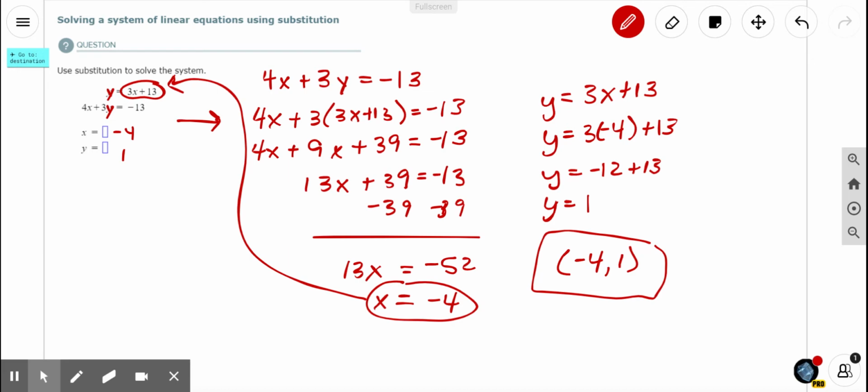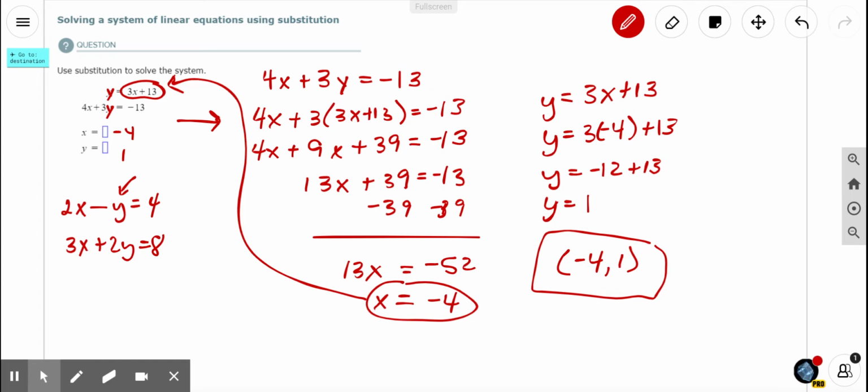So, okay, that is substitution. I did not give you a ton of problems of substitution. A lot of times what will happen is they'll give you something like this: 2x minus y equals 4, and maybe 3x plus 2y equals 8. And you can see that this y is kind of by itself. At least it has a coefficient of negative 1.